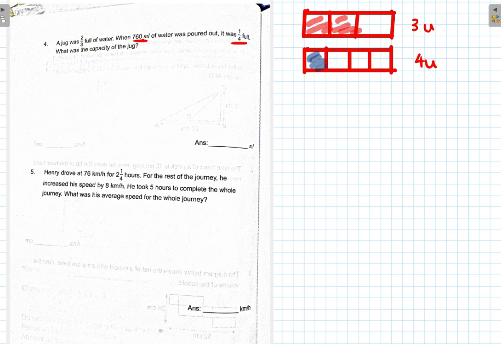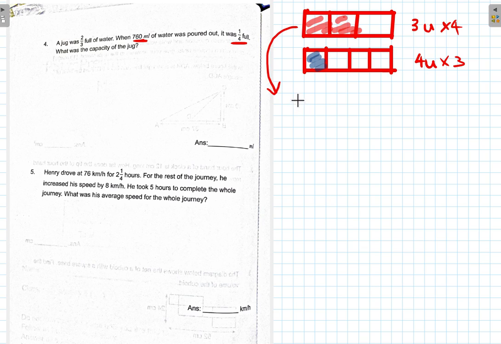And then because of this, I know that it's the same. I times this, I times 4, and here I times 3. Okay? So when I times 4, I can draw a new model. So the whole unit becomes 12, right? And 2 times 4 is 8. 8 units was actually filled with water.